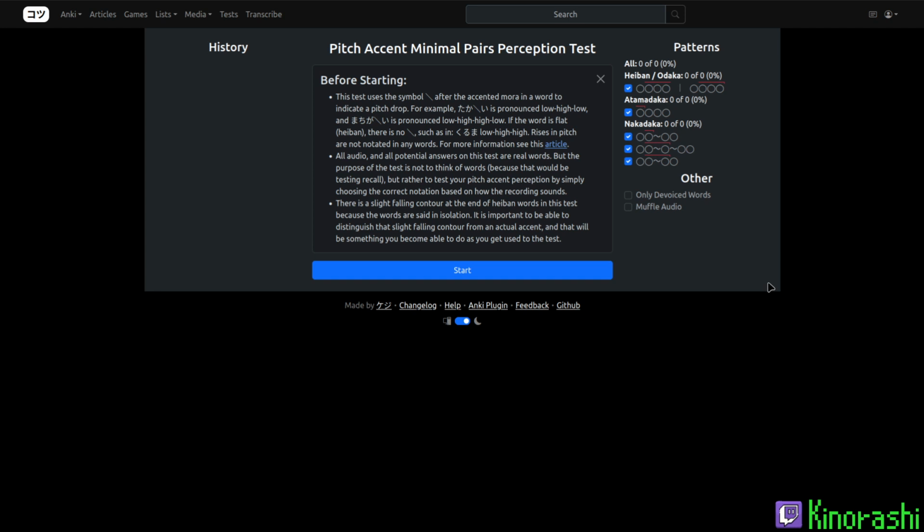Tenki, 天気, 天気が, tenkiga. Mainichi, 毎日, 毎日が.